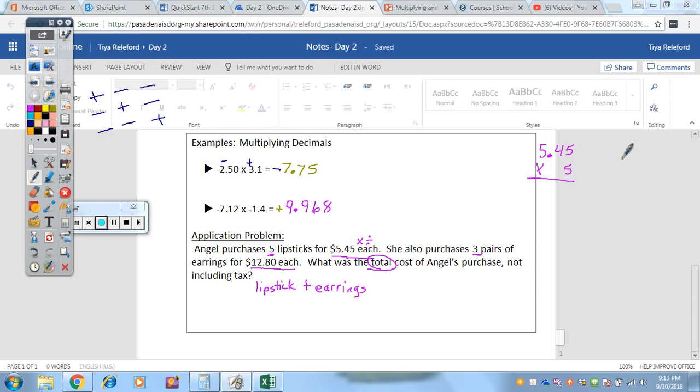And I have 3 earrings for $12.80. Push pause and multiply those problems. I'm going to push pause and multiply also. We'll compare answers. Push pause. If you haven't multiplied yet, you need to push pause and do both of those multiplication problems.